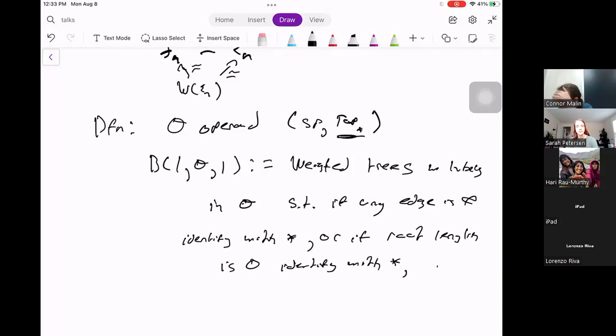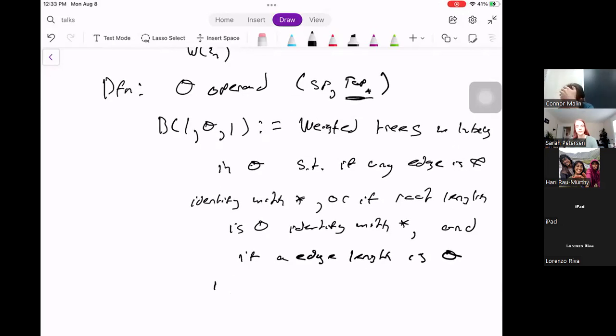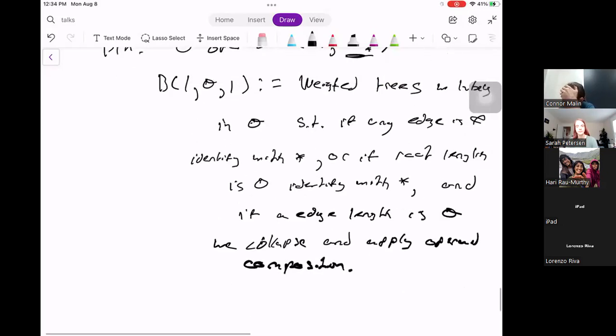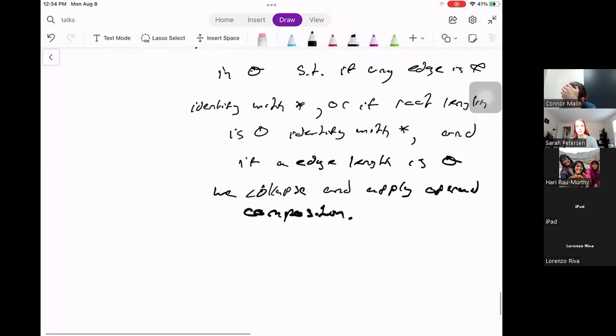And then finally, if a different edge length is 0, we collapse and apply the operad composition. Okay, that was a mouthful.